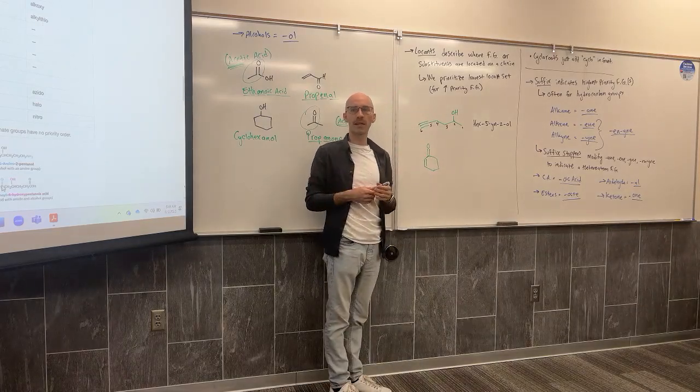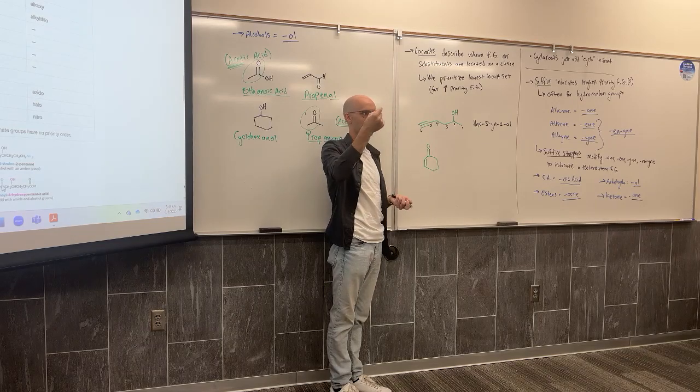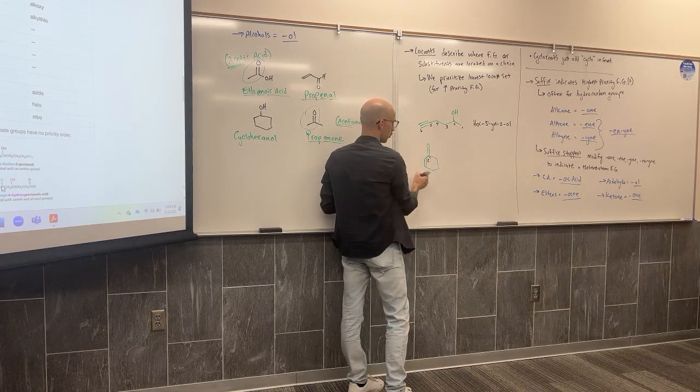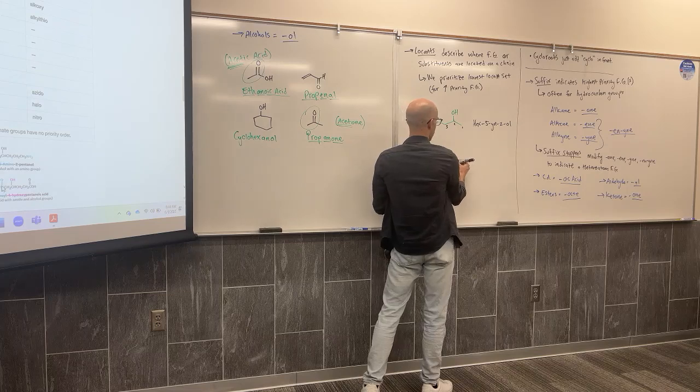Because where do you start numbering in a ring if not right at the primary functional group? So then I don't need to describe that the primary functional group is being named there. So 1, 2, this gets the root cyclohex.